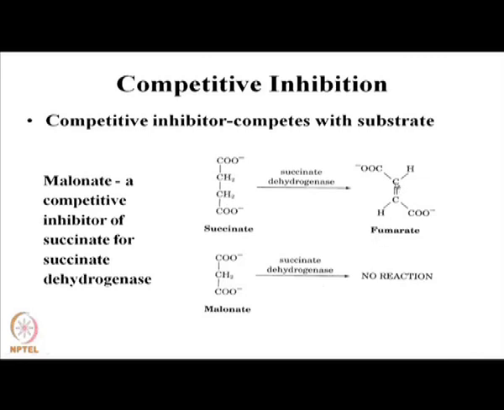For the formation of a double bond you need another carbon, which is not available here, so no reaction occurs. But because of the structural resemblance, they compete for the same enzyme, succinate dehydrogenase.